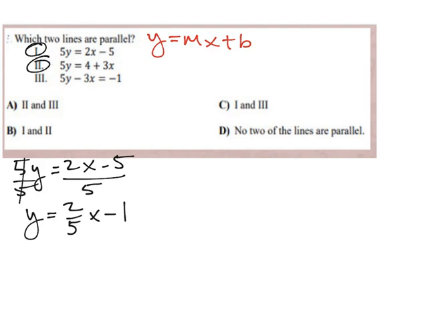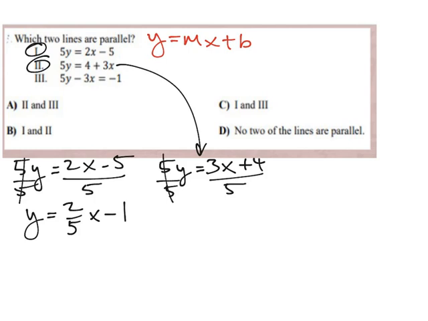Okay, so let's go ahead and take the second one here. 5y equals, and I'm going to go ahead and rearrange this so it looks more like our form. Again, we divide all sides by 5. We get y equals 3/5 x plus 4 over 5.